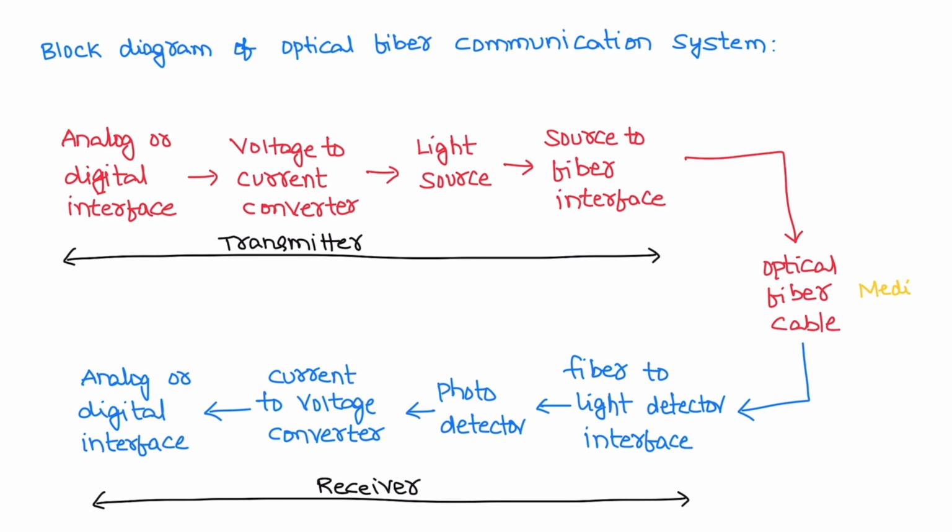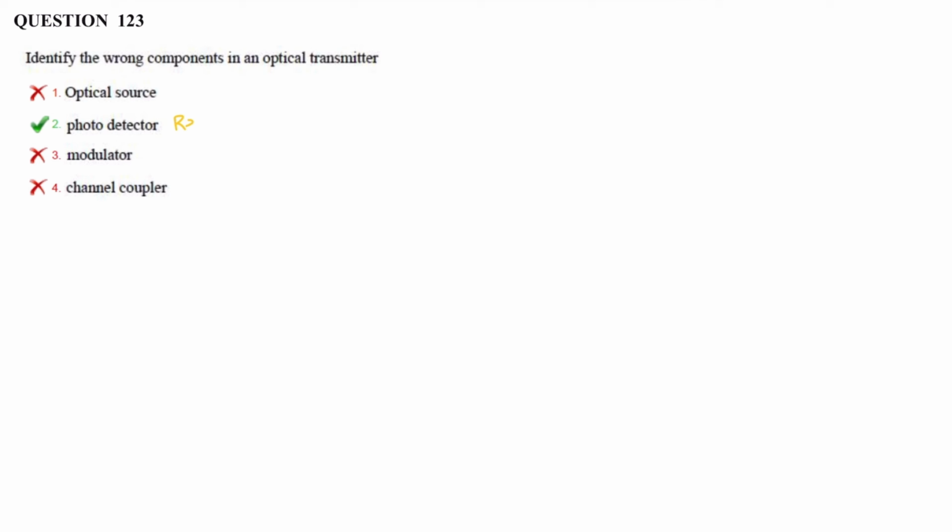Then at the receiver side, fiber to light detector interface, photo detector, current to voltage converter, and then analog or digital interface. So in the transmitter section, optical source, modulator, and channel coupler are present, while the photo detector is related to the receiver. Therefore, the correct answer is option 2. Photo detector is the wrong component in an optical transmitter.